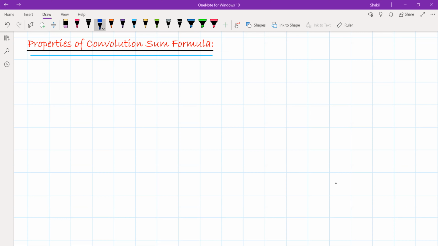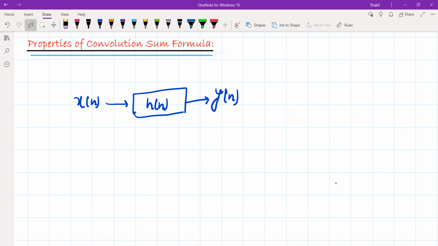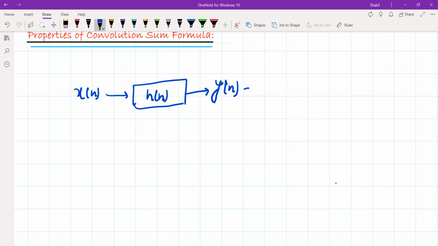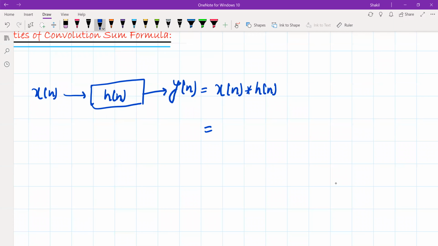We know if the input to an LTI system is x of n, whose impulse response is h of n, then the output y of n can be written as x of n convolved with h of n, and this we can write as the sum over k running from minus infinity to infinity of x of n minus k, h of k.